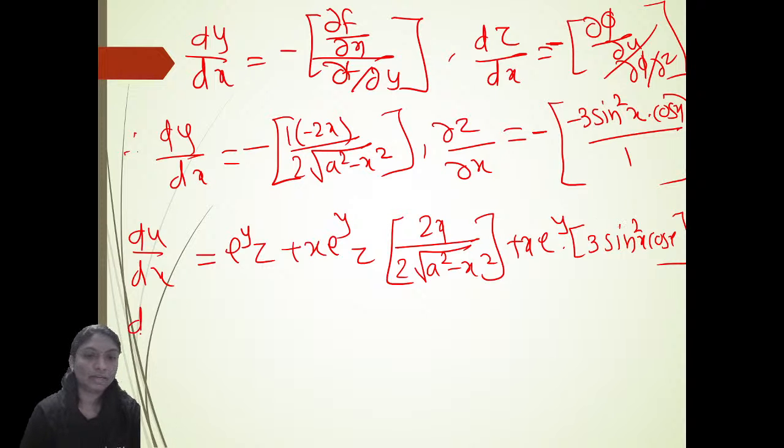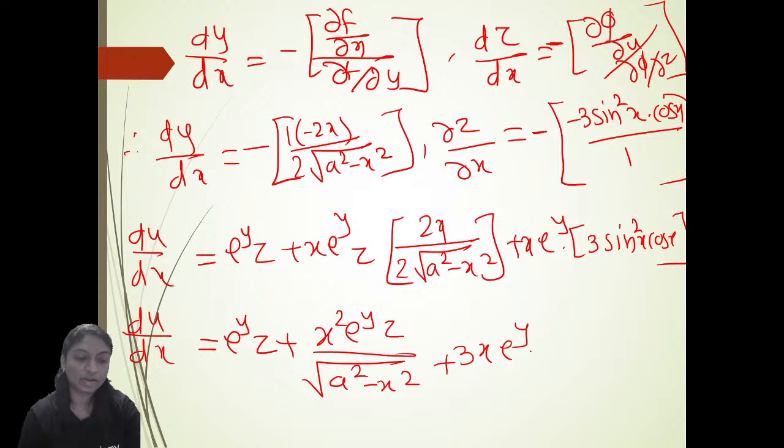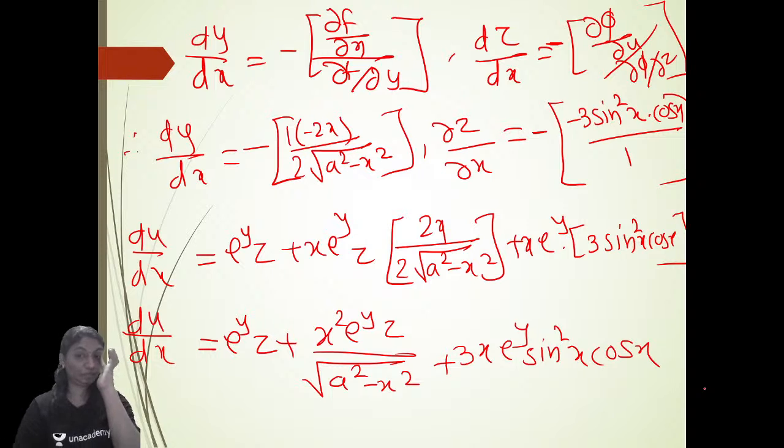Okay, so du by dx is equal to e raised to yz plus x square z e raised to yz upon square root of a square minus x square plus 3xy e raised to yz sine square x into cos x. So this is your final answer.